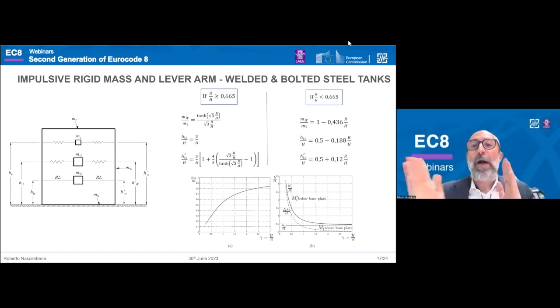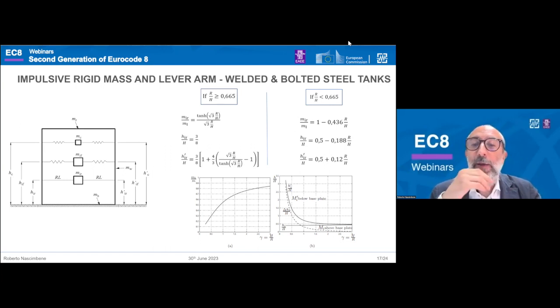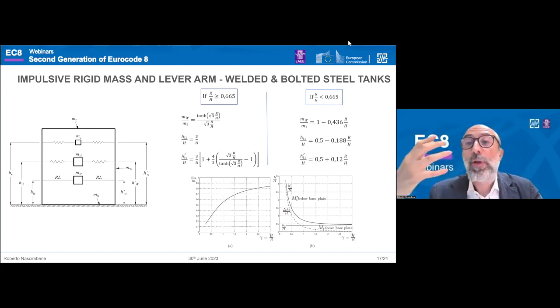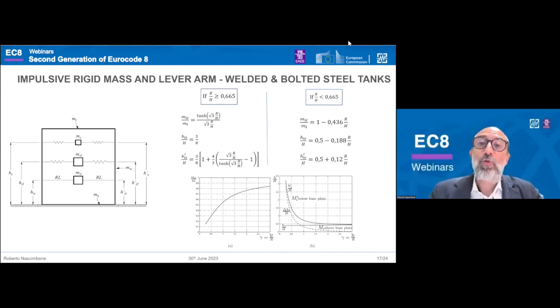Two parts are subdivided. The graph shows that the more slender the tank, the larger the component: 80%, 90% of the total mass contributes to the impulsive period, and the more squat the tank, the less the component of the mass.